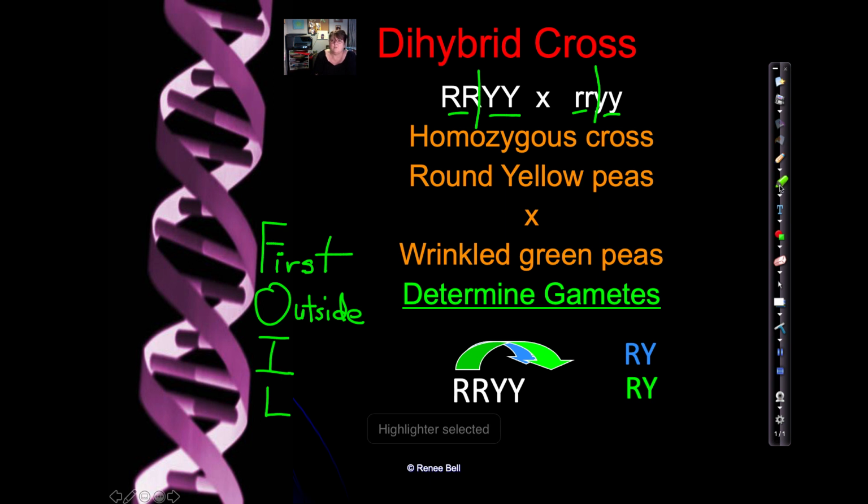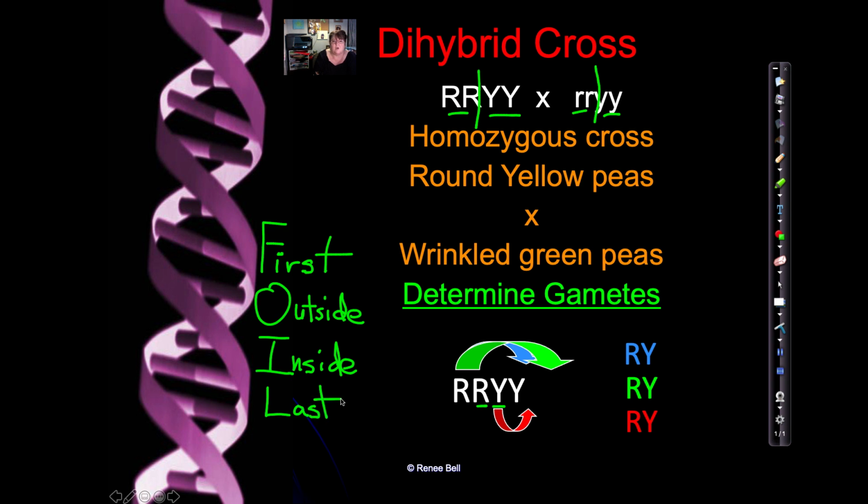Then we're going to deal with the two inside letters. The I stands for inside. We're going to look at this R here and this Y here. When you put those two together, because the gametes are all the same, we're going to end up with big R, big Y. And then the last two letters, that's what the L stands for, is the last.